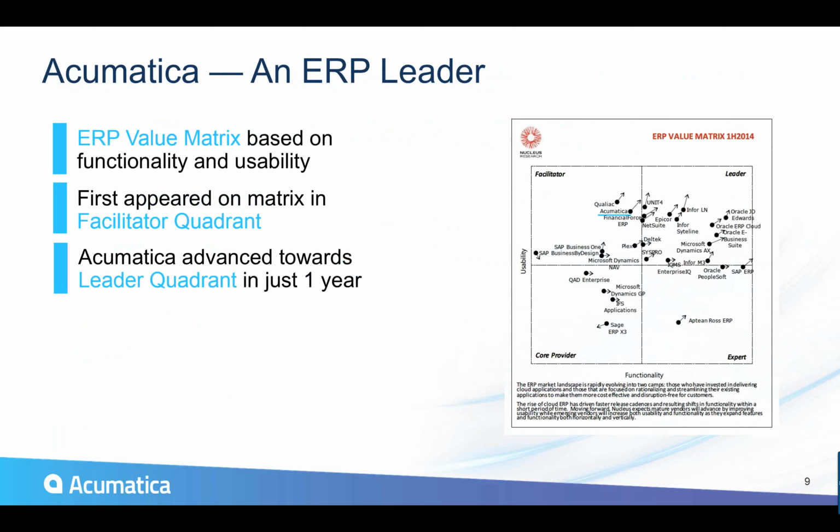So again, there's a slide which you can use to talk about that. And don't forget, there's also a white paper document which goes with the ERP value matrix, which you can utilize and leave with your customers to help give you that additional credibility by referring to a third party.